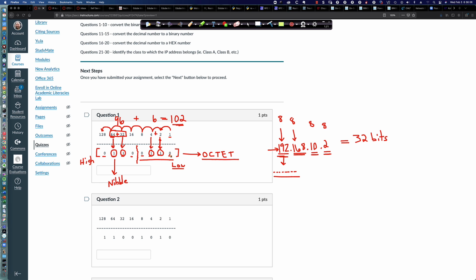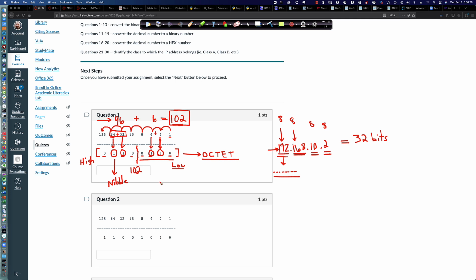And again, 1 meaning we then take a look at the corresponding decimal value and add that into our equation that we have up here to then get the result of what the value actually is. And so the value here would be 102.